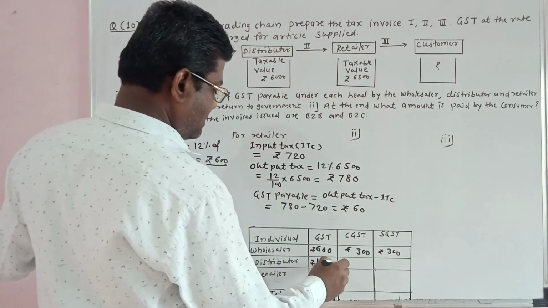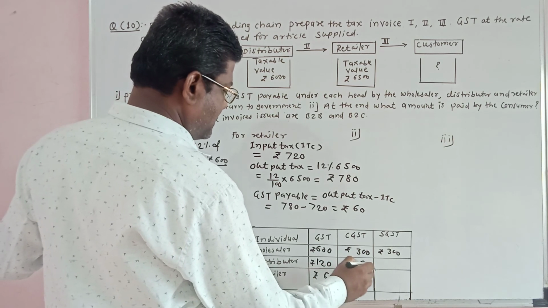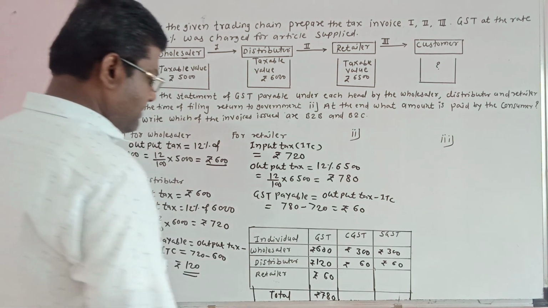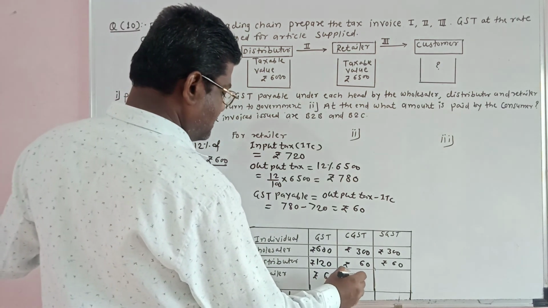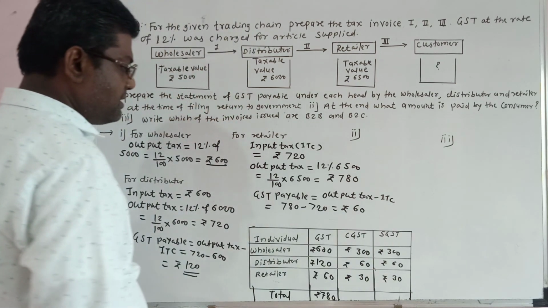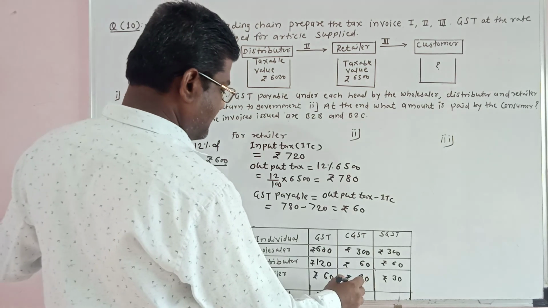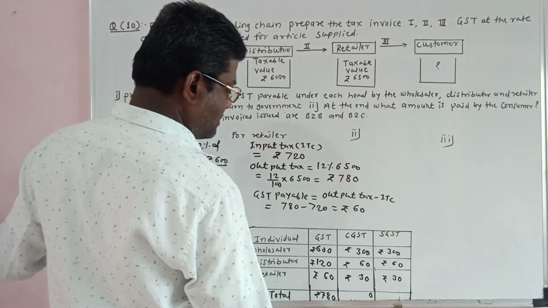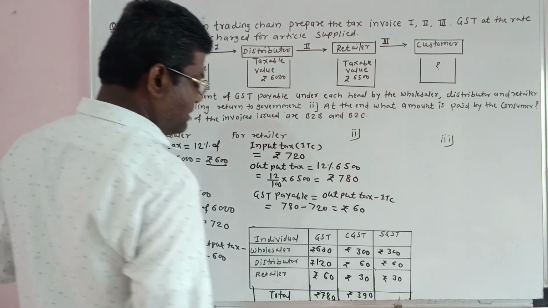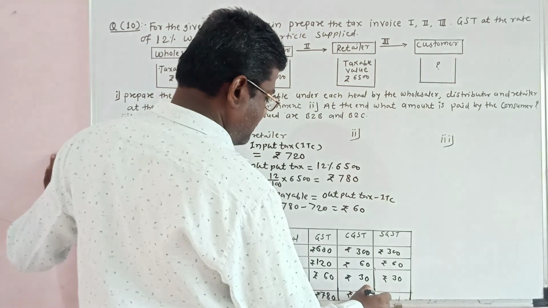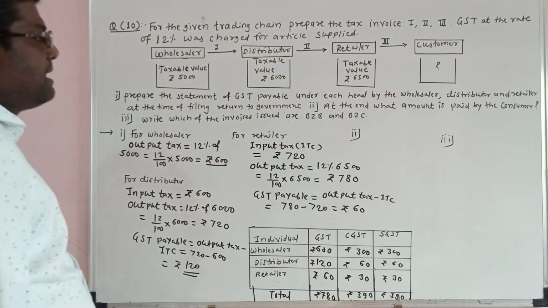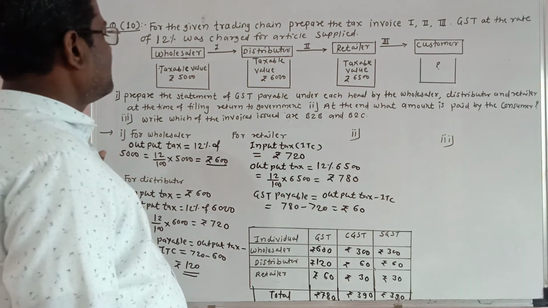For the distributor, CGST 60 rupees and SGST also 60 rupees. For the retailer, CGST 30 rupees and SGST also 30 rupees. So the total CGST will be 390 rupees, and total SGST is also 390 rupees.